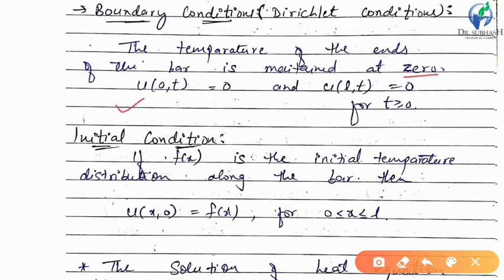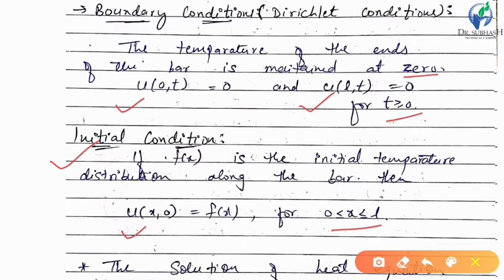So, u(0,t) = 0 and u(L,t) = 0 for t ≥ 0, where L is the length of the bar. Initial condition is if f(x) is the initial temperature distribution along the bar, then u(x,0) = f(x) for 0 < x ≤ L.